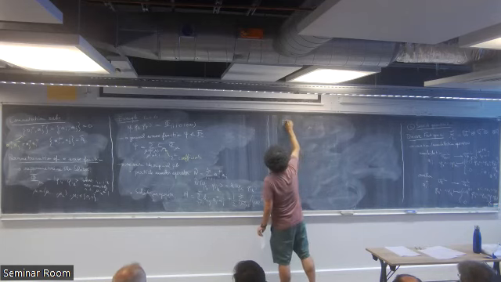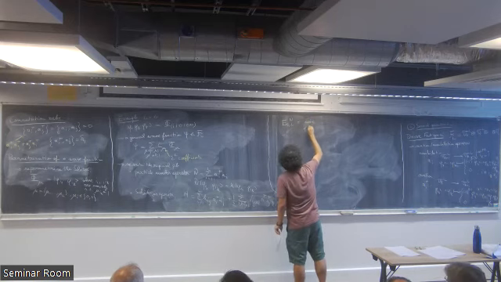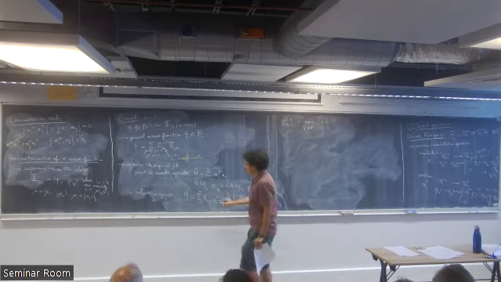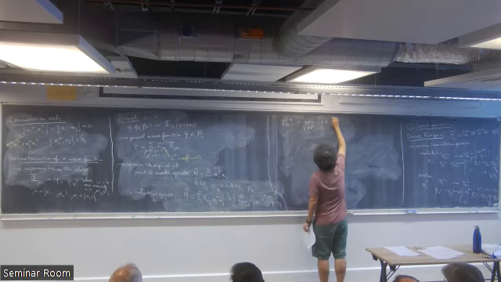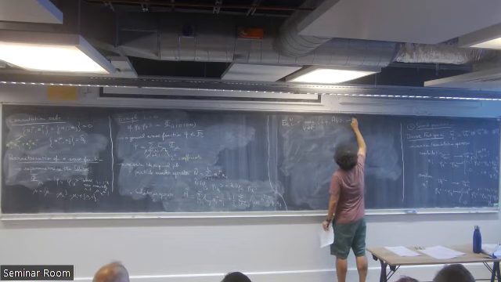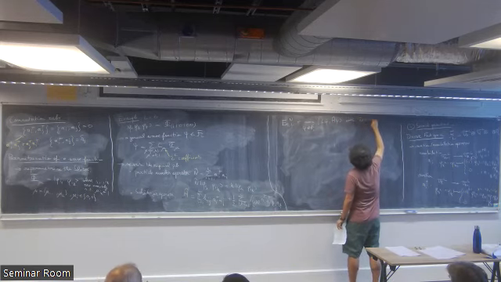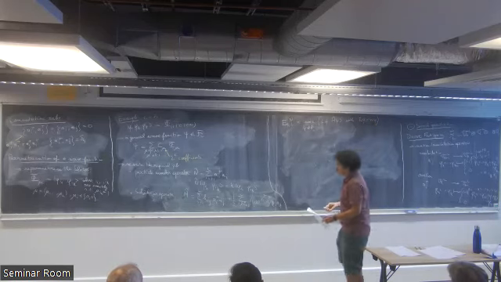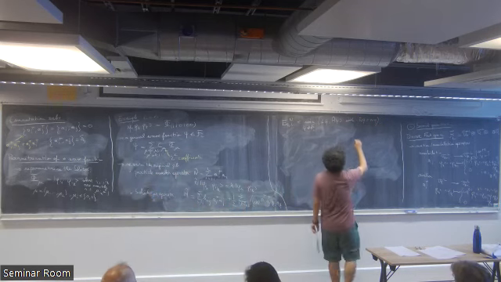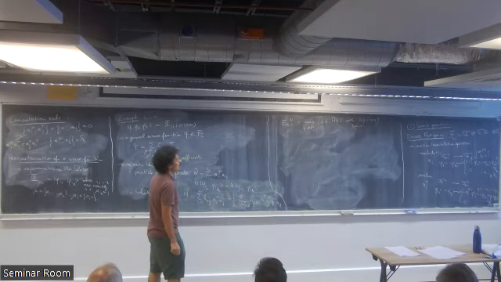This is equal to the minimum over psi belonging to the Fock space of psi, I think I will put a hat here, under the constraint that psi is an n-particle state. Yeah, I forgot the normalization.